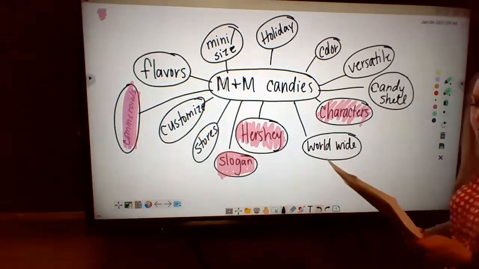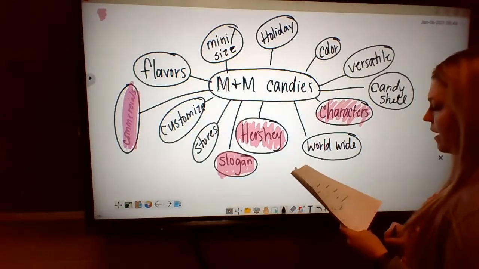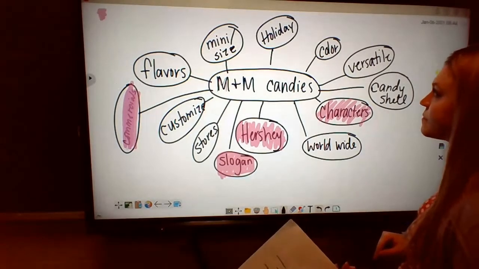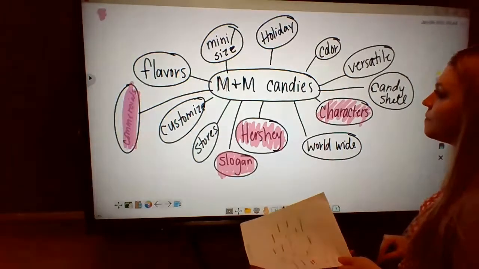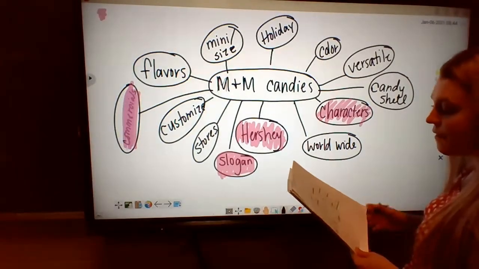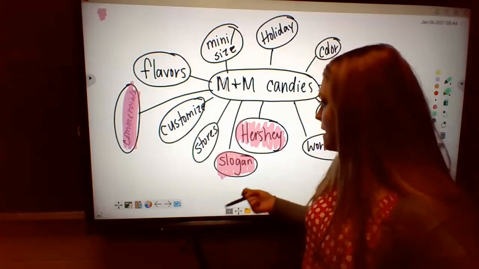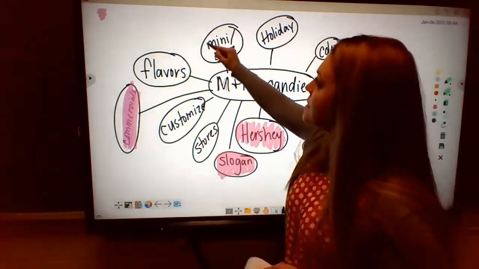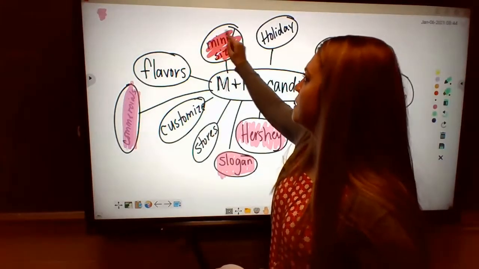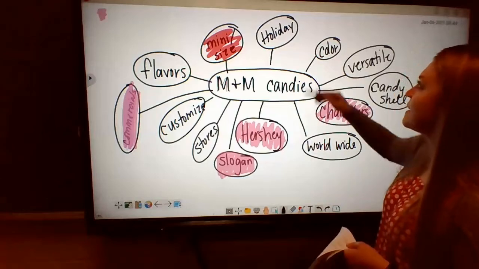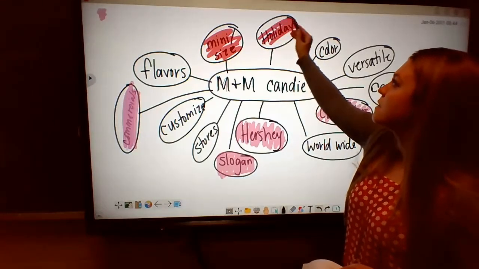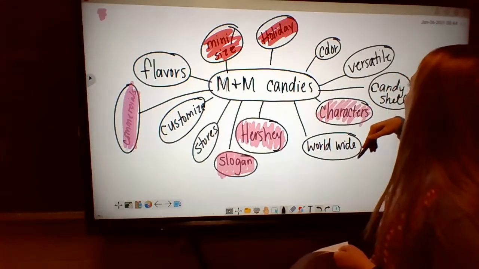Let's see what else. So there's obviously a lot of different kinds of M&Ms. I see here that we have the minis and the different sizes. We have the holiday themed ones, that's different.